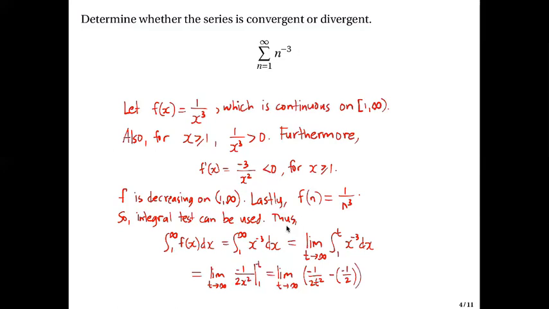And as t goes to plus infinity, negative 1 over 2t squared will go to 0. And you will get positive 1 half. So this improper integral is convergent, and therefore, by the integral test, this series is convergent.